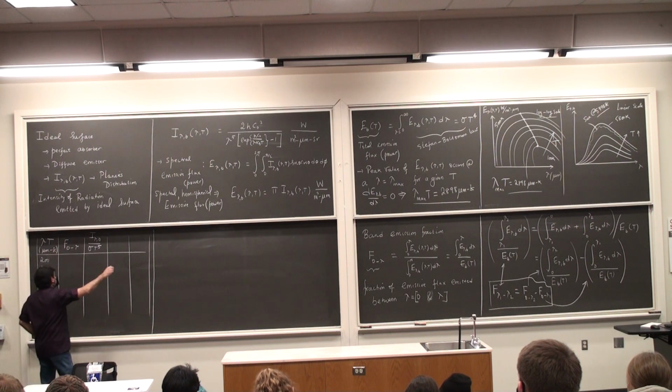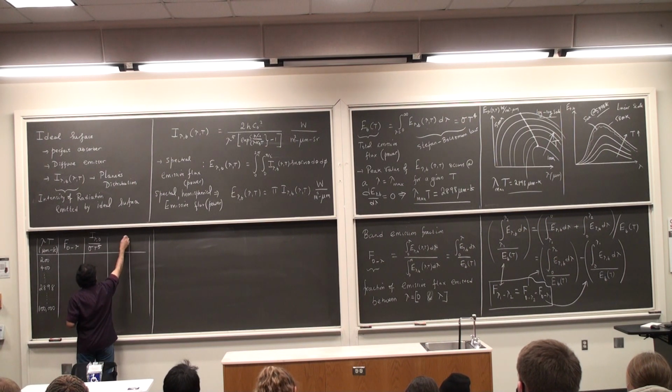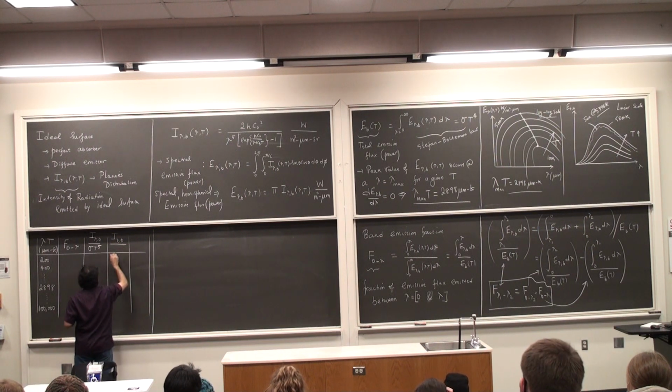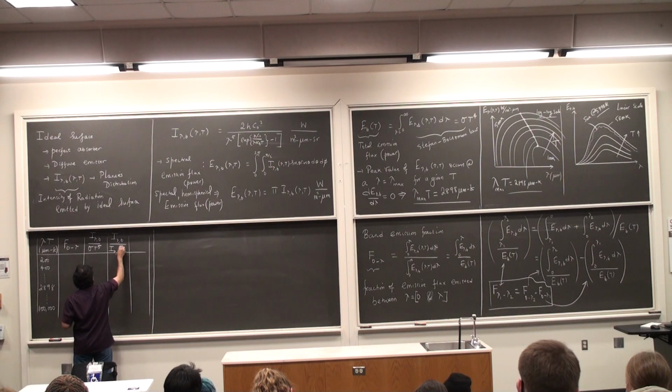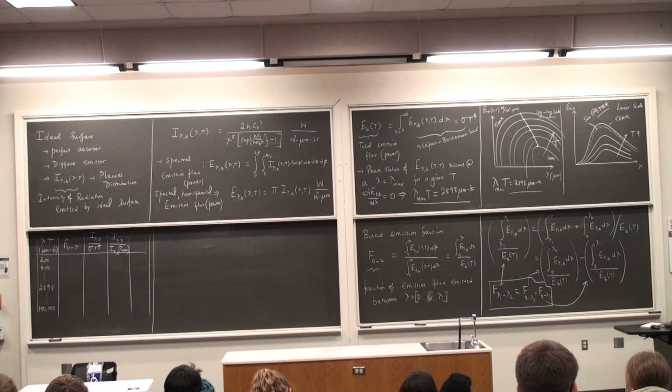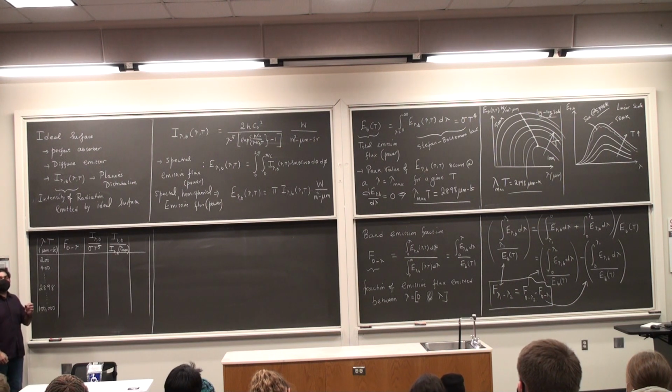The third column is the following. It's going to be relative. So this is I lambda comma b divided by I lambda max comma b. This tells me the relative intensity for a given wavelength and for a given ideal surface temperature.